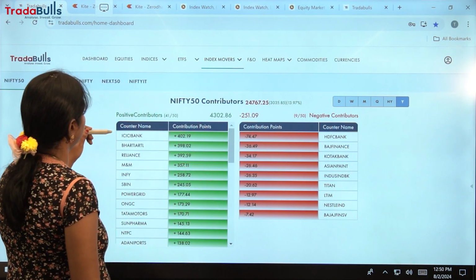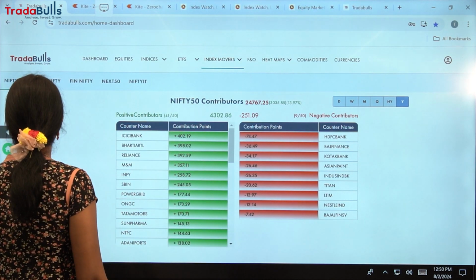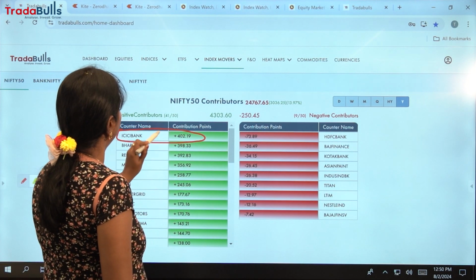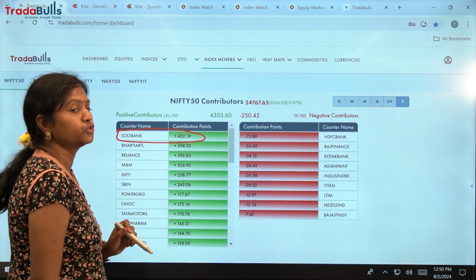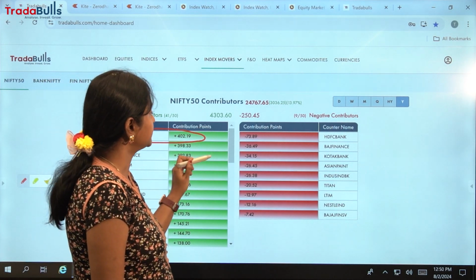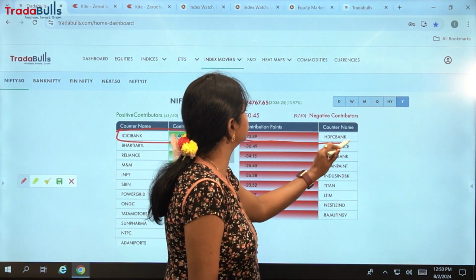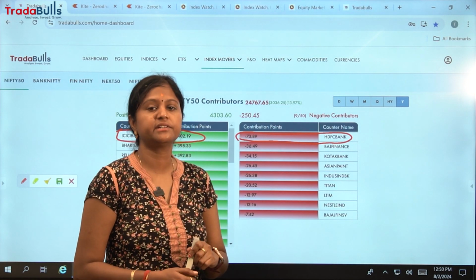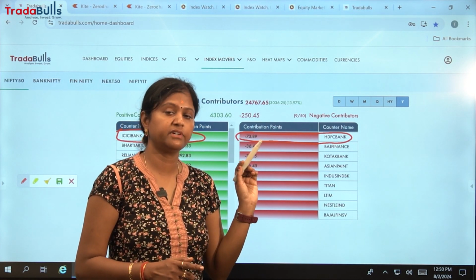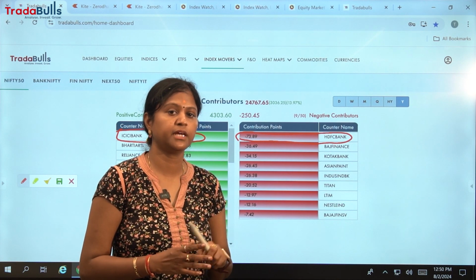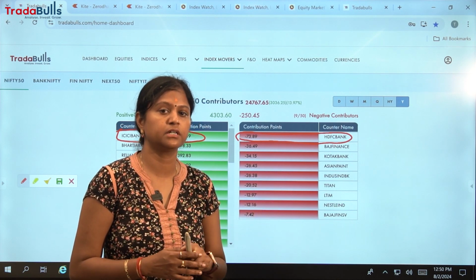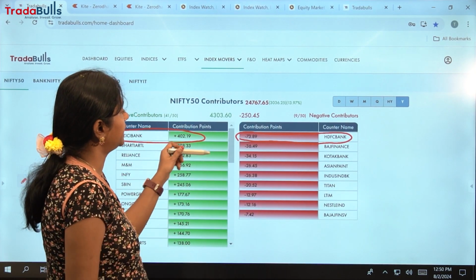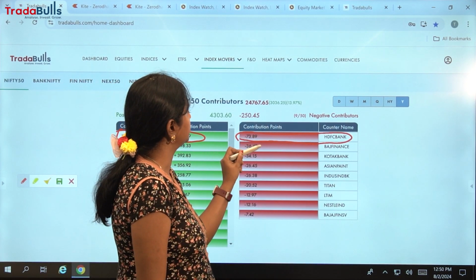In the yearly view, ICICI Bank has the highest positive contribution of plus 402.19, whereas HDFC Bank has a negative contribution of minus 73.81. In the daily time frame, HDFC had a positive contribution, but in yearly, HDFC has a negative contribution.